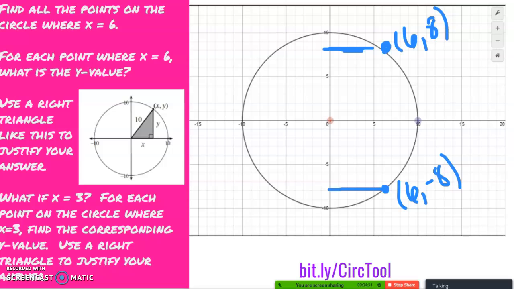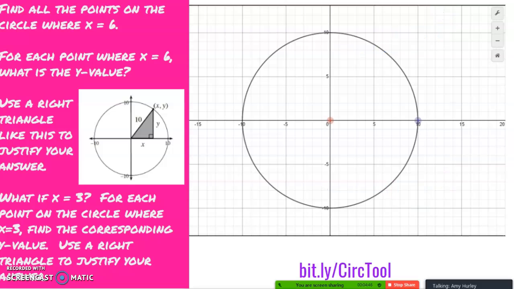Okay, so we can tell by looking, but there will be times when we aren't able to tell by looking. So we're going to need to know how to actually find that 8 or that negative 8 or that y value. Okay, luckily, we know right triangle geometry. So if I've got a point here at 6, and I'm drawing a line from the center to the point at 6.